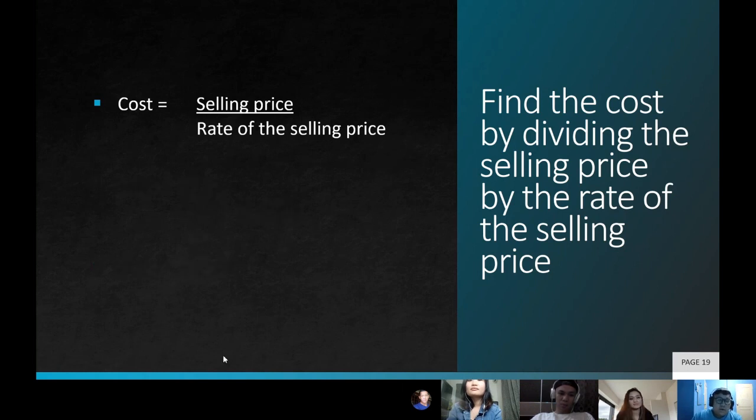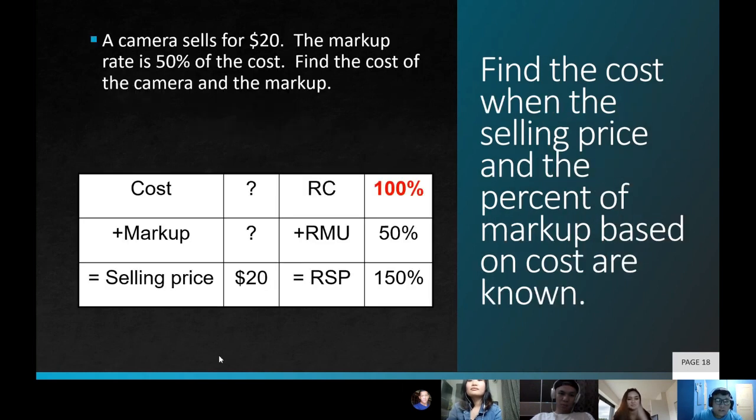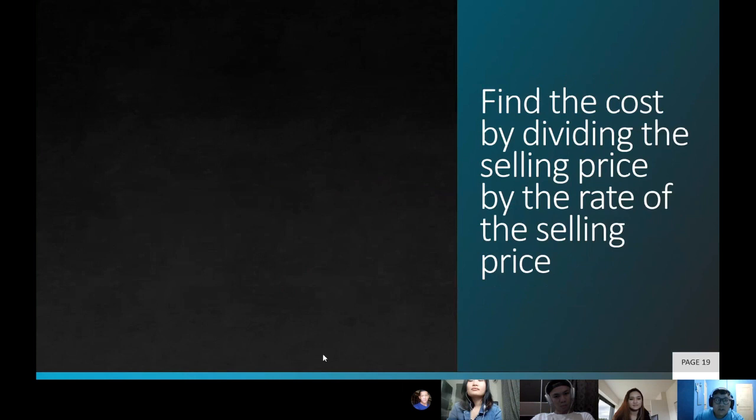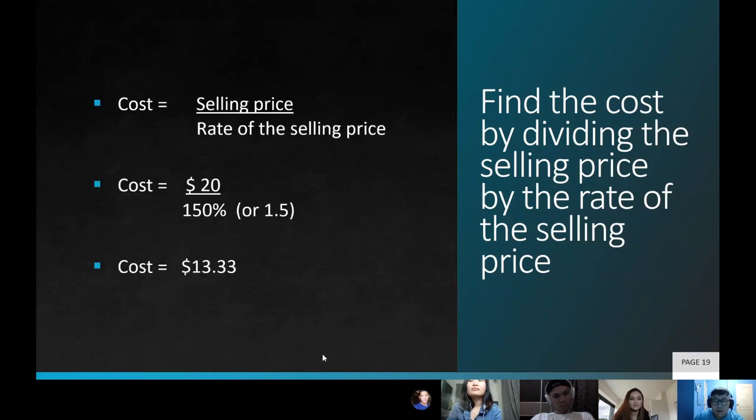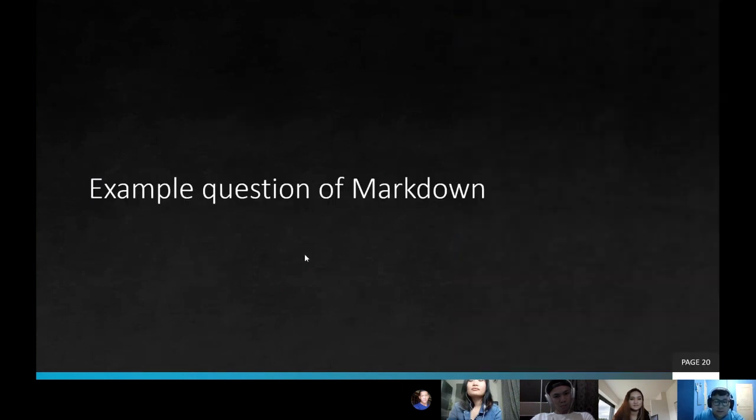Back to the slide, the cost is $13.33, so the markup will be $6.67. Okay, that's all from me. I will pass to the next presenter.